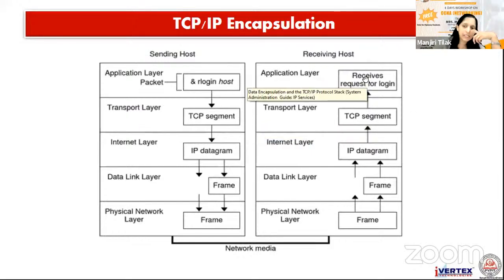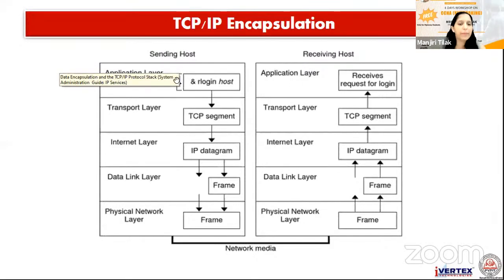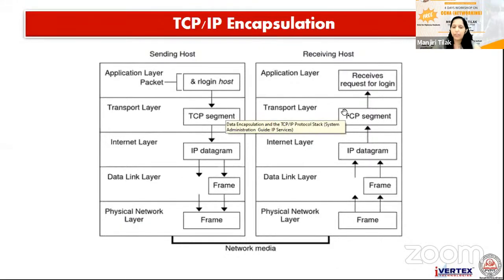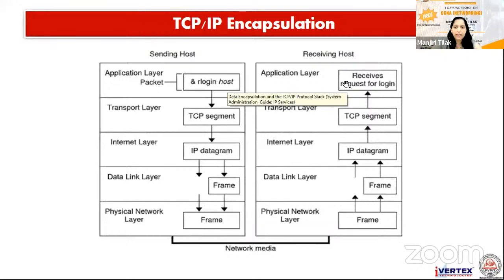And then the receiving host will recognize the application layer request, right? So whenever your data is sent, it will be encapsulated, but at the receiving end, data will be decapsulated, right? The receiver is going to remove headers one by one so that it will check the application layer request.